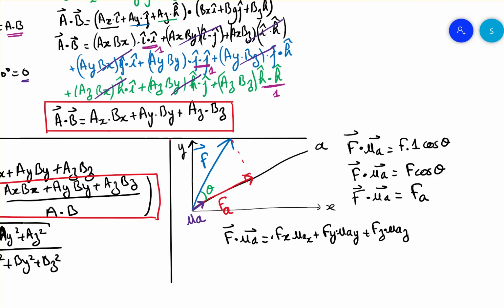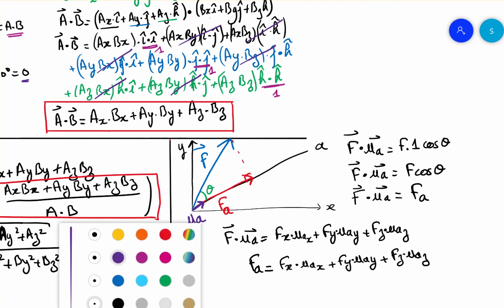So finally, we can find FA using the Cartesian notation form of the force F and the unit vector UA. So FA equals Fx UAx plus Fy UAy plus Fz UAz. So we multiply them together.